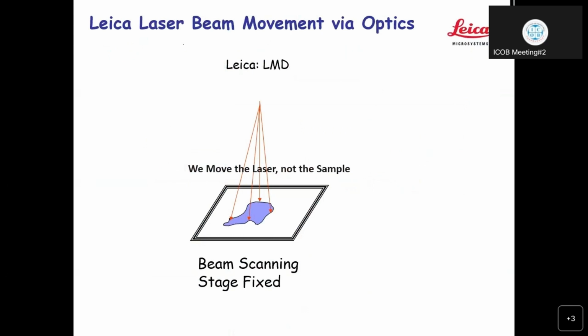That is why we move the laser across the sample for laser microdissection. Only Leica Microsystems uses high precision optics to steer the laser beam along the desired cut line on the tissue with prisms. That means the Leica LMD cuts with the highest possible precision and speed.